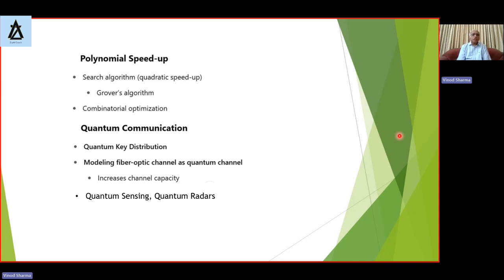But if you model them via quantum information processing into quantum channels, that can increase the channel capacity of these channels, and this provides immense gain in our everyday communications. Another important current application is quantum sensing and quantum radars. Using quantum radars, we can get far more detection ability than is possible via classical radars. So this is another very important strategic application today.